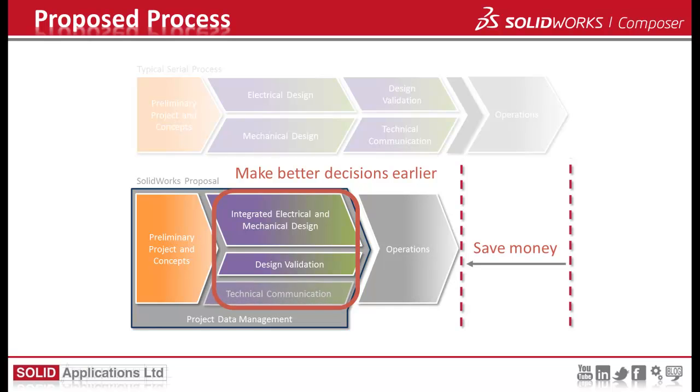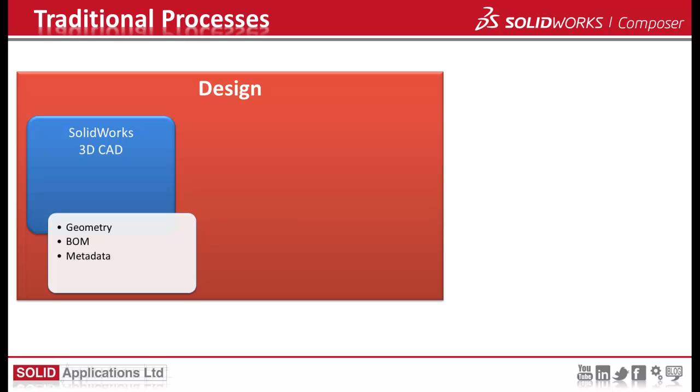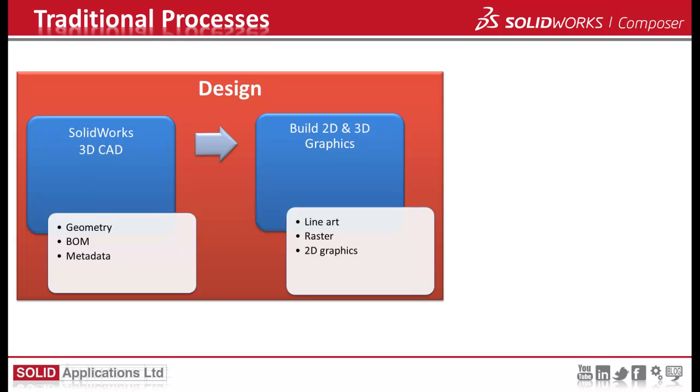In order to achieve this, different tools are needed compared to the traditional processes we mentioned earlier. Let's take a look at those traditional processes. The design lives in CAD. The design intent lives in CAD. Once the design has been frozen, tested, and is in manufacturing, the designated technical illustrator can then start the publications.